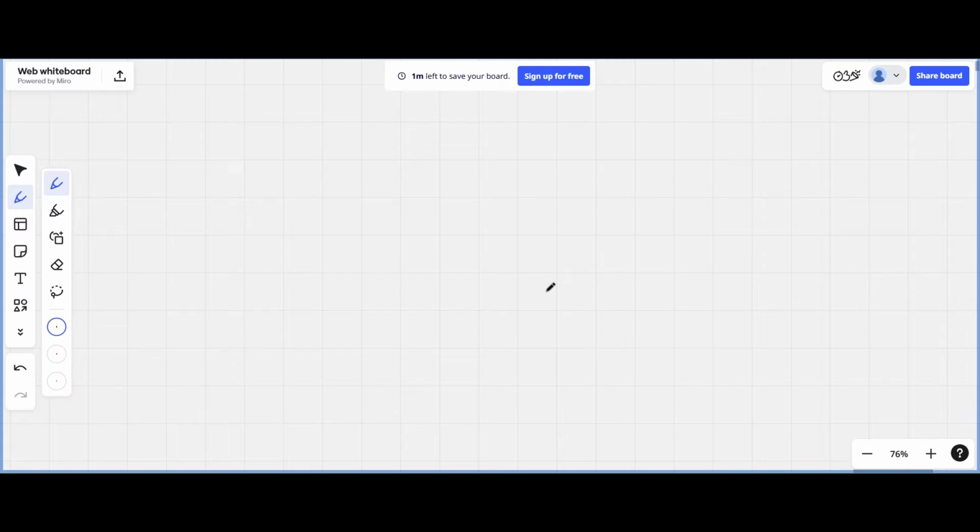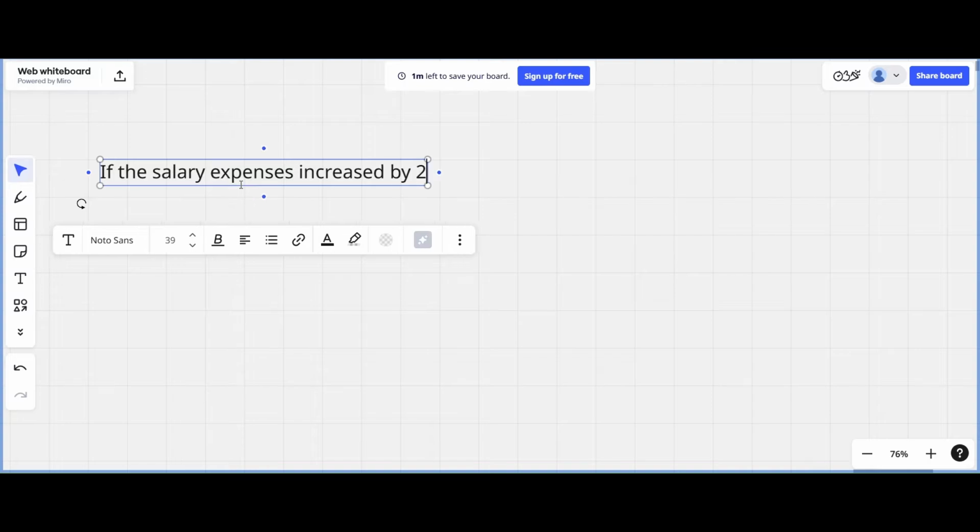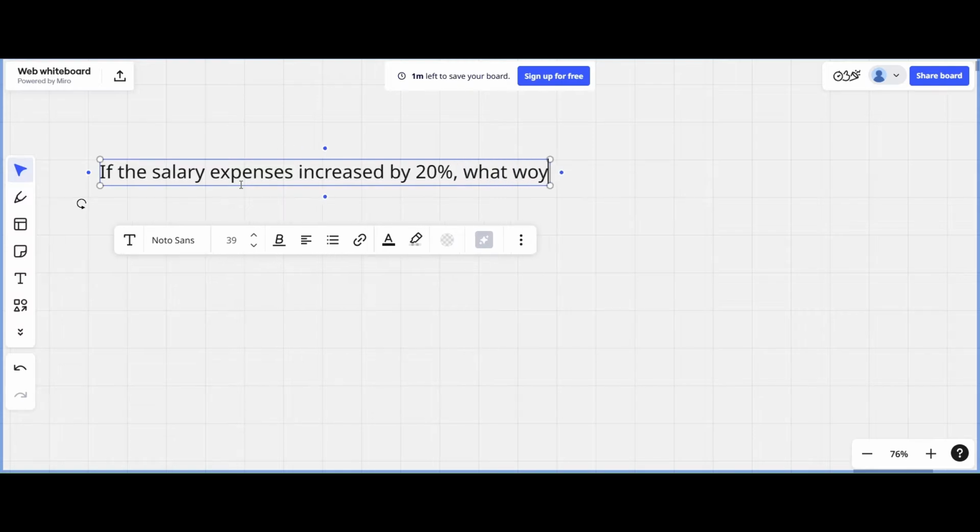The next question is related to this as well. If the salary expenses increased by 20%, what would be the new amount?